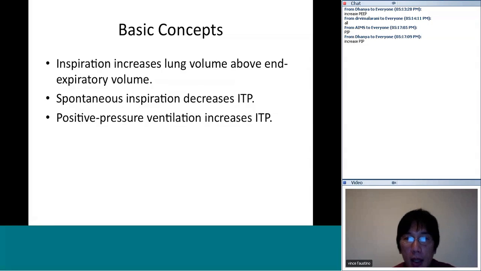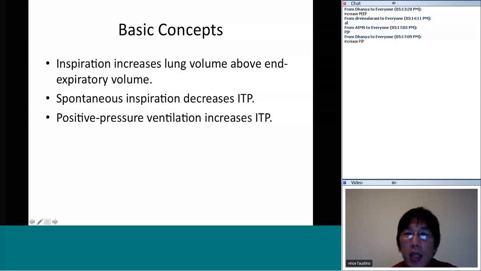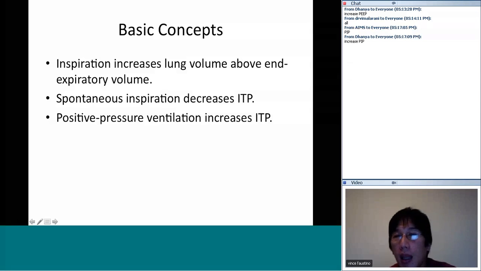So, basic concepts. When you inspire, whether it's spontaneously or with a ventilator, inspiration increases lung volume above end expiratory volume, and that carries an increase in pressure. That's why when you're looking on a pressure time curve, every time you inspire, the pressure goes up.